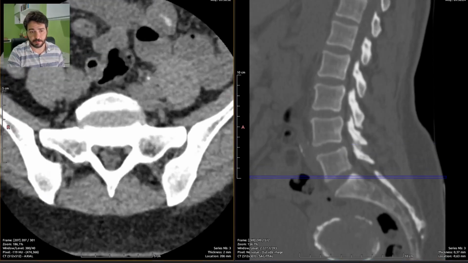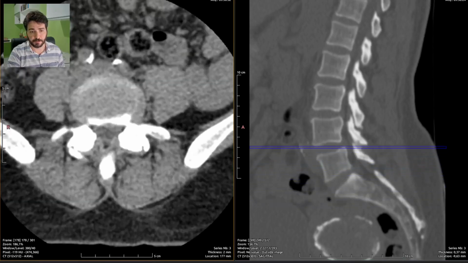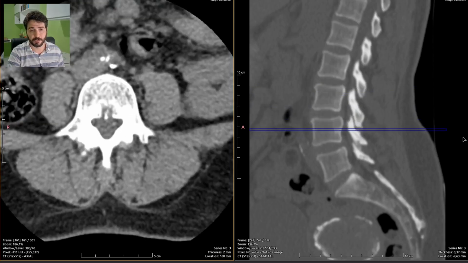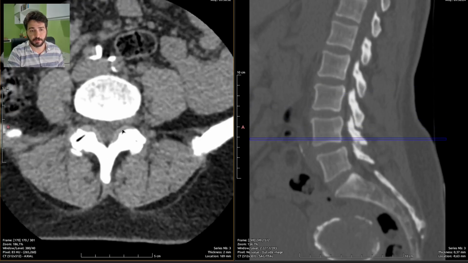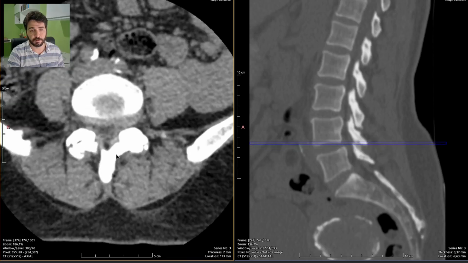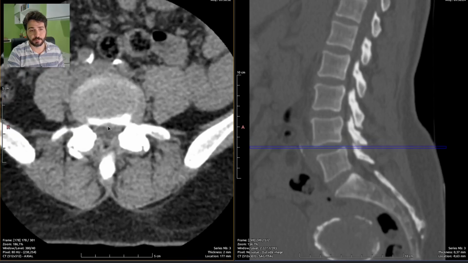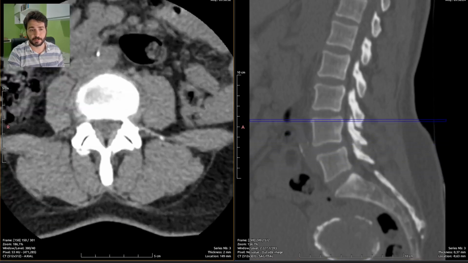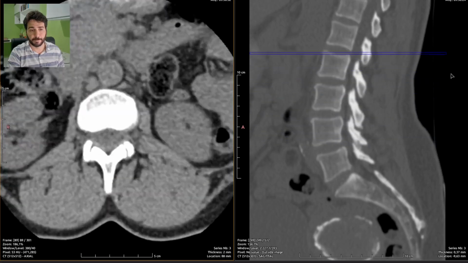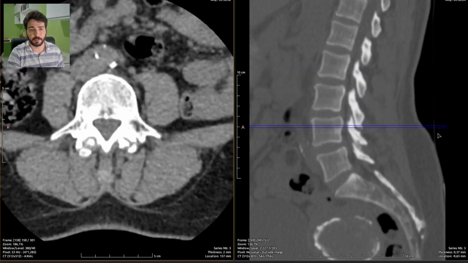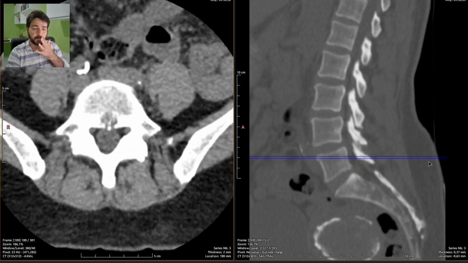And let's see the paravertebral muscles. Paravertebral muscles are fine, but the yellow ligaments are thickened, which contributes to the reduction in space for the neural structures to settle and be.